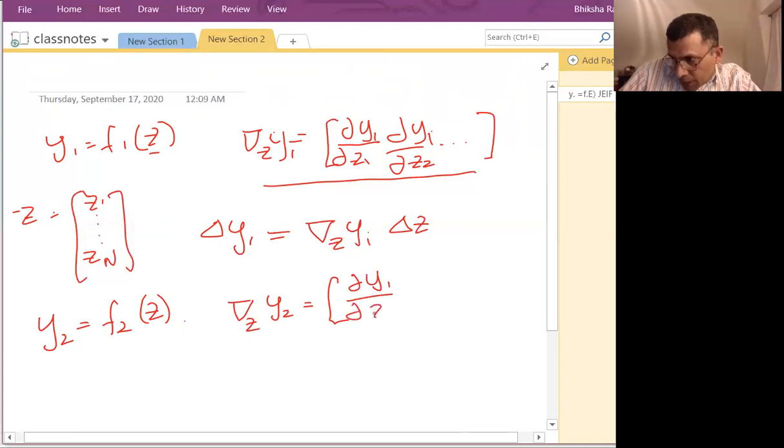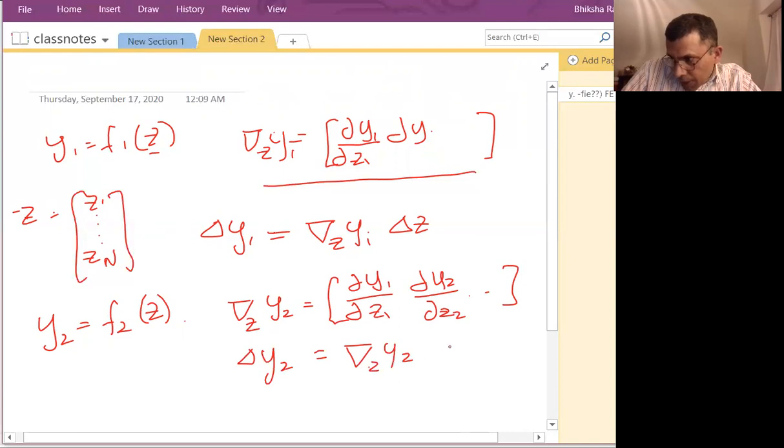And once again, you're going to get this equation, delta y2 equals the derivative of y2 with respect to z times delta z.